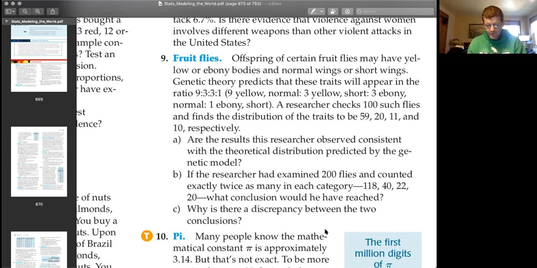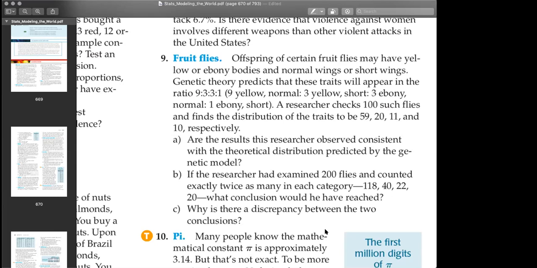Before we can run through that, I want to first think about how many categories I have for this. Four.